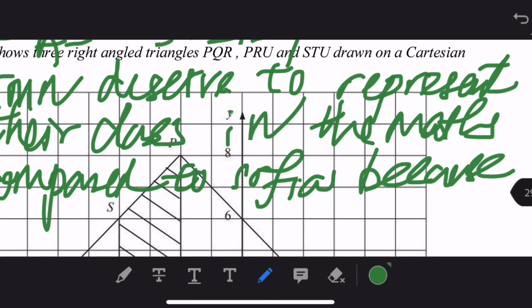the standard deviation. We just mention the standard deviation, no need to mention the mean.